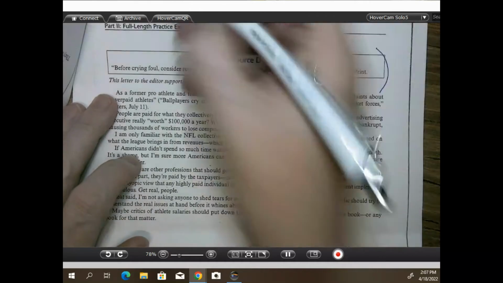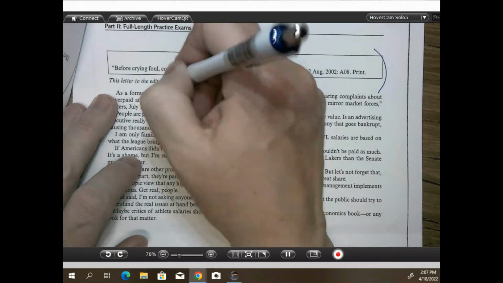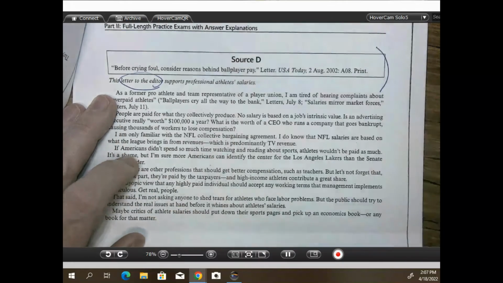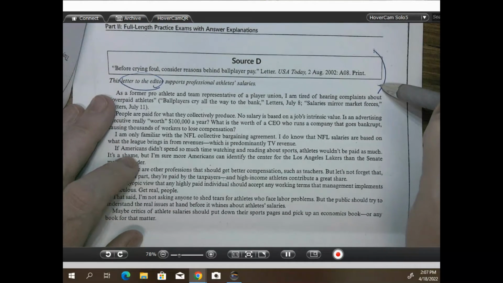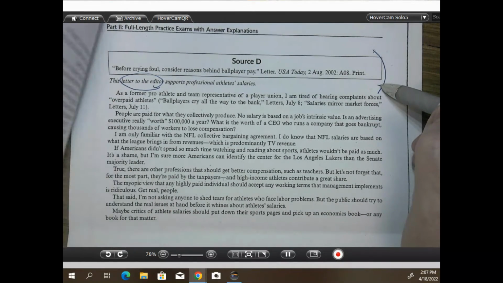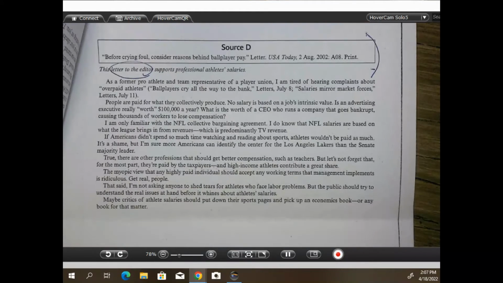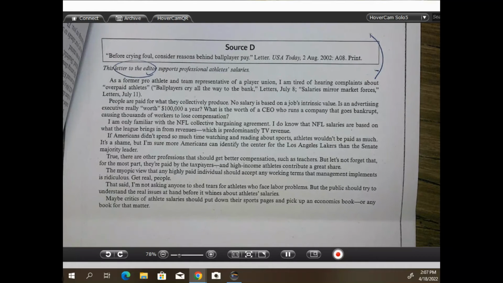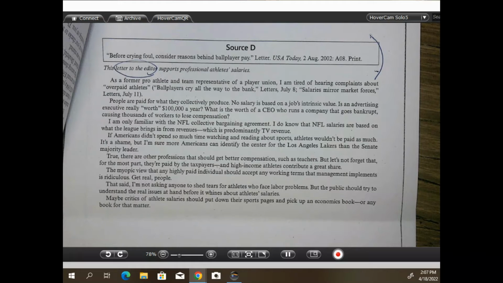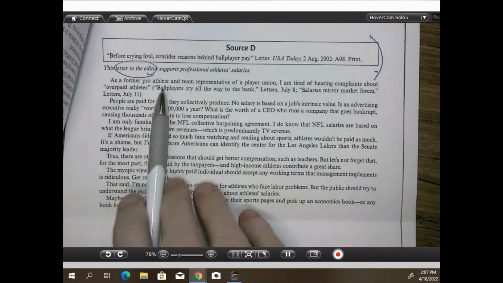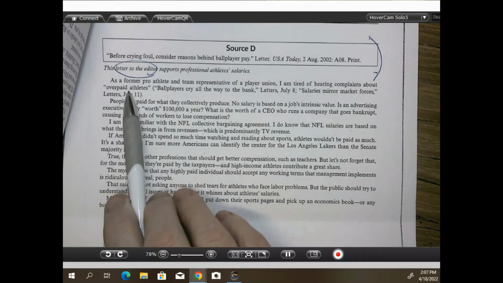Okay, D. Again, we have a letter to the editor. Do we have any information on whether this person is any kind of expert? Guess what I should do with D? But do they tell us who they are?